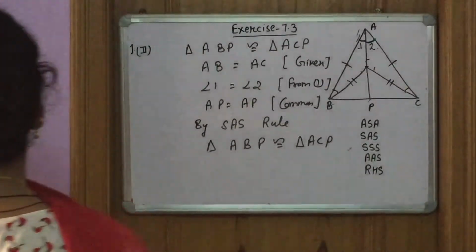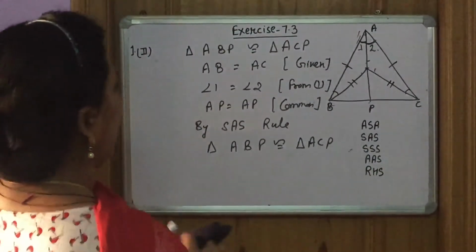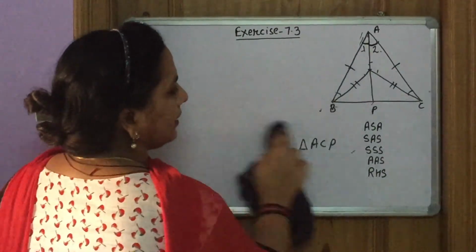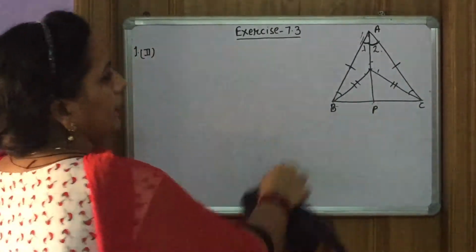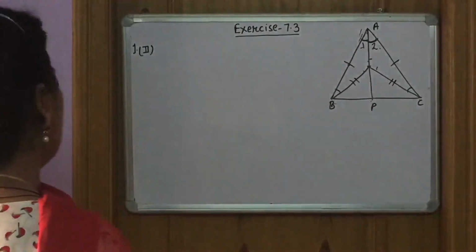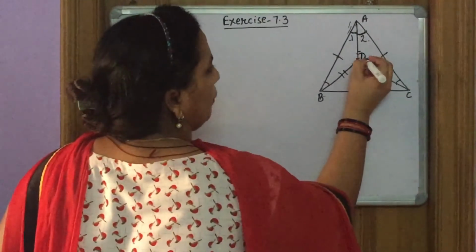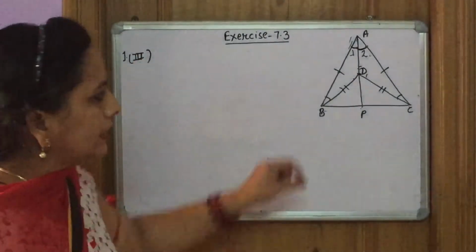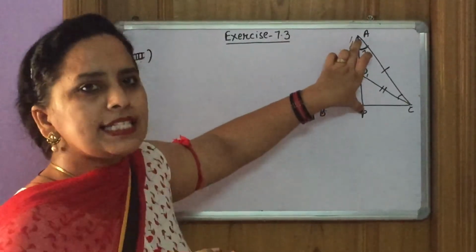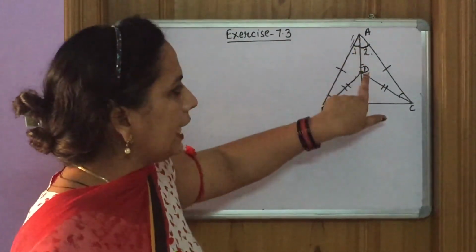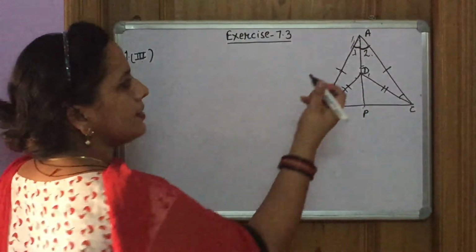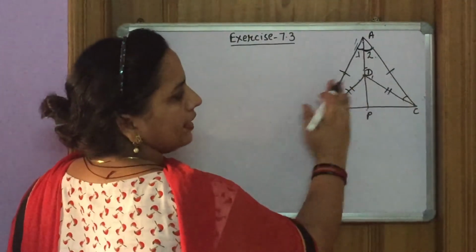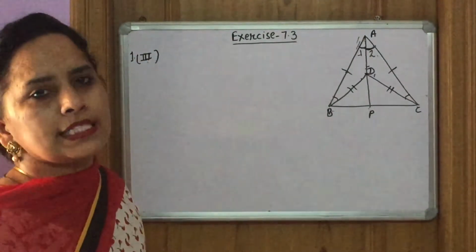Now the third part. In the third part we have to show that AP is the bisector of angle A and angle D. Here we have point D. As we have already shown that these two triangles are congruent, that means all the parts are equal.